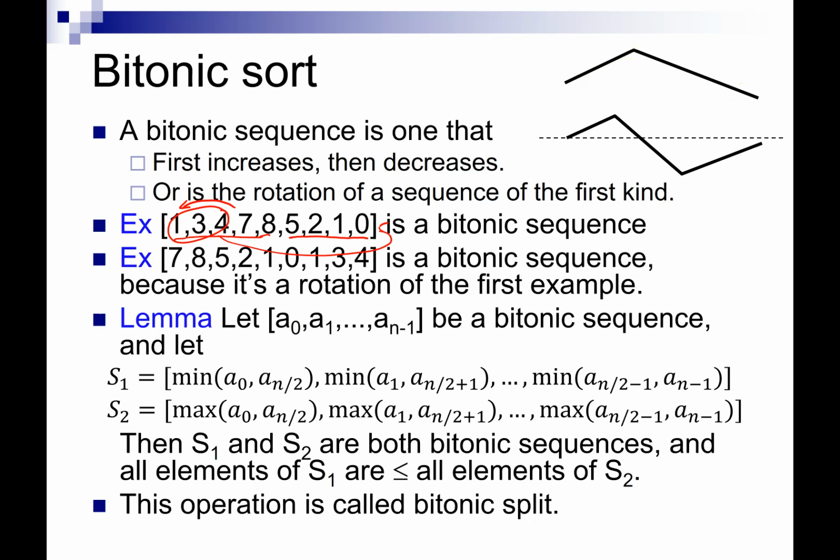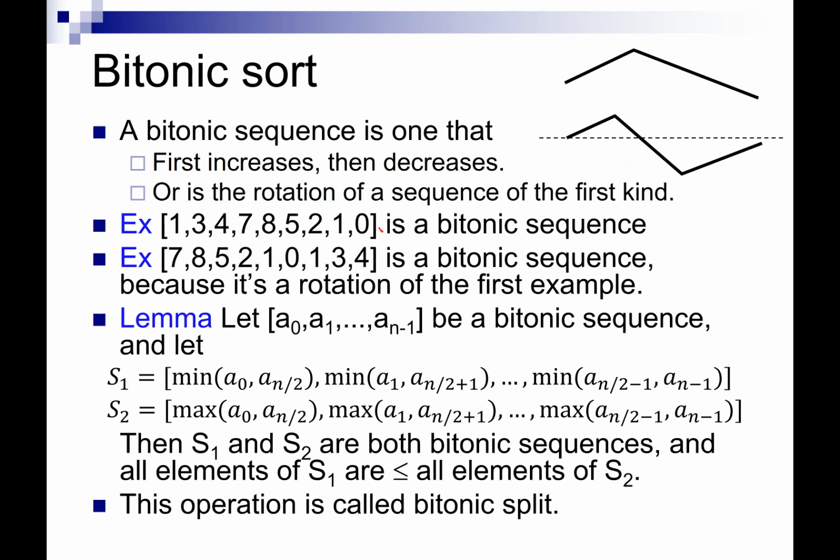Or you could rotate it: if you take all this stuff and put it over here, then it becomes an increasing followed by decreasing sequence. So the one on the bottom is a rotation of the one on the top. So that's what a bitonic sequence is.